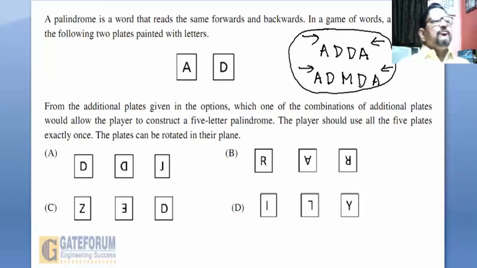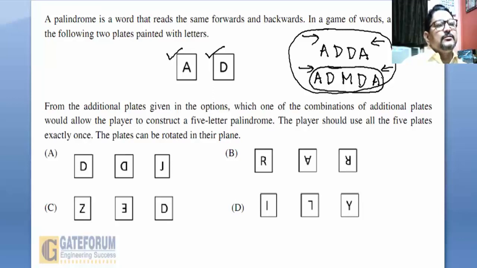In a game of words, a player has the following two plates painted with letters. So these are already with the player. From the additional plates given in the options, which one of the combinations of additional plates would allow the player to construct a 5-letter palindrome? So a palindrome must be constructed like this.